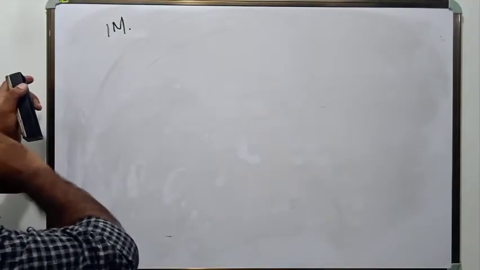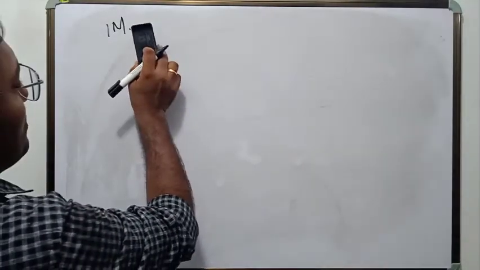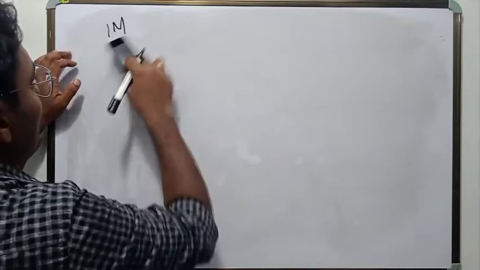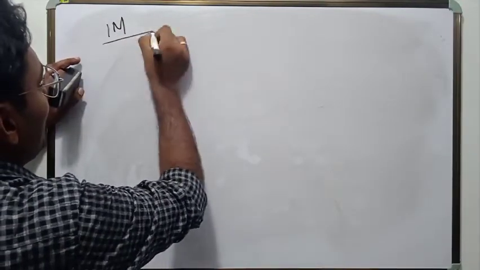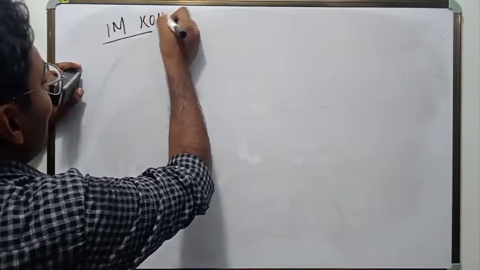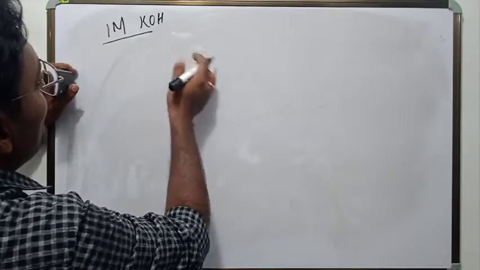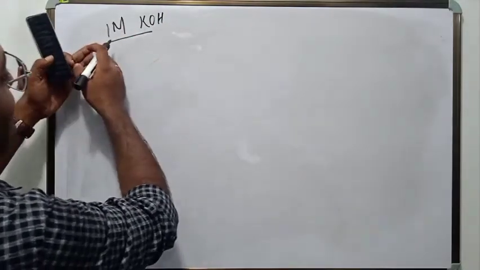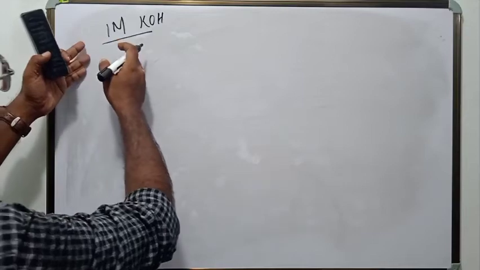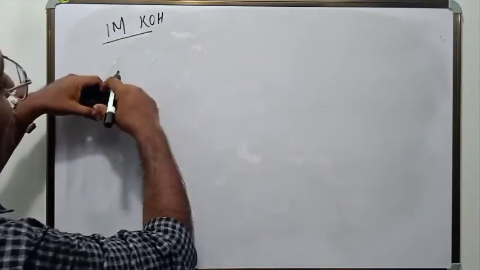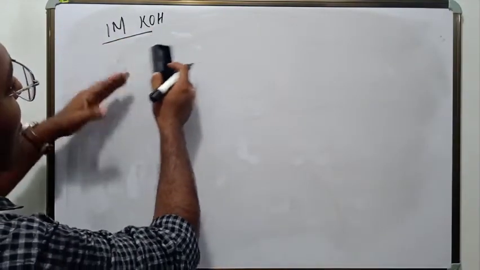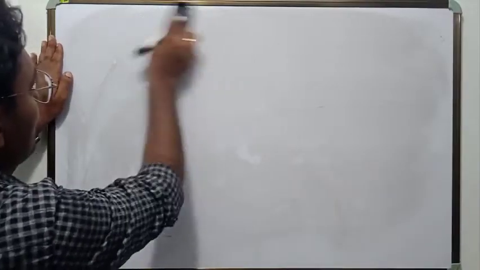But in the lab, if we are intending to prepare 1 molar KOH, there may be a case when 1 molar KOH is not prepared. Sometimes it may be less than 1 molar, or sometimes the strength may be more. So how do we adjust those differences in this equation? Let us see.